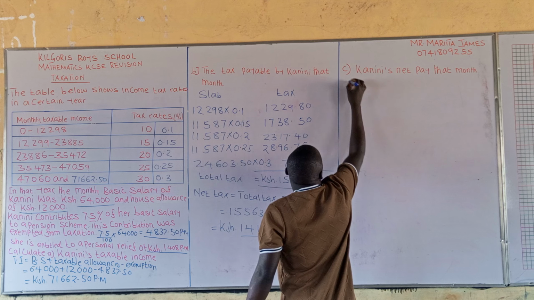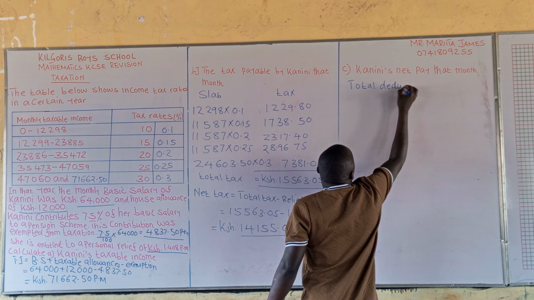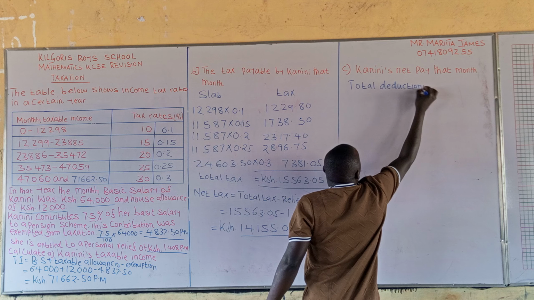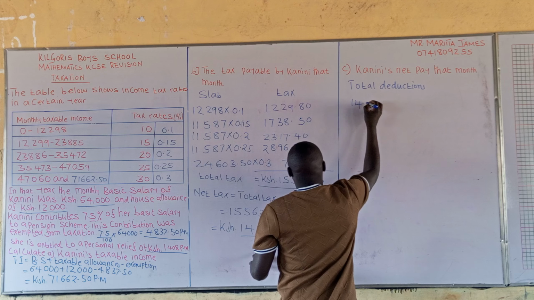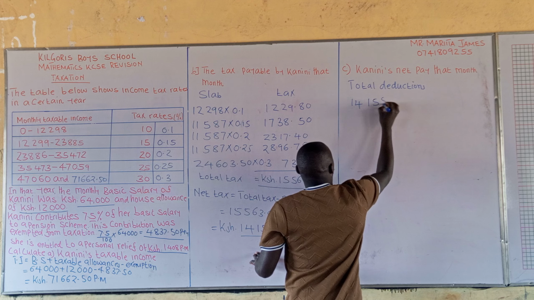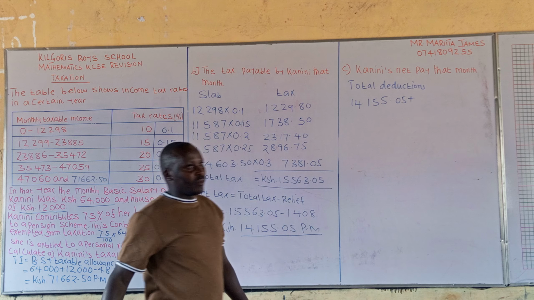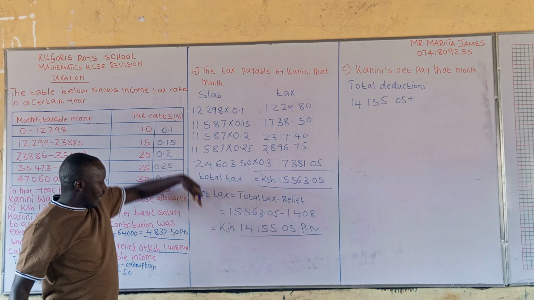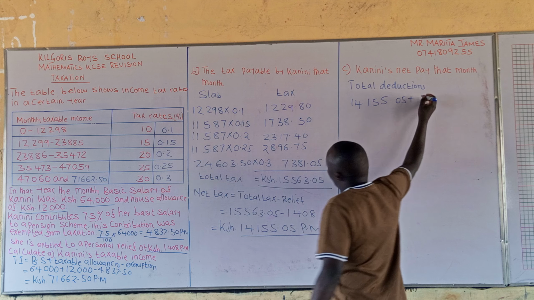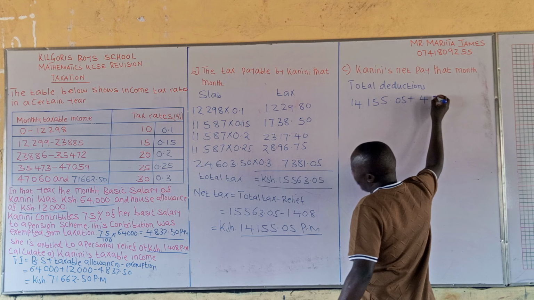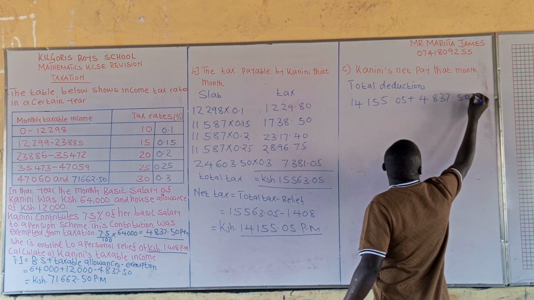So we need to get the total deduction. Our total deductions will be equivalent to this tax which is 14,155 and 0.5 plus another, this 7.5%, plus 4,837 and 50 cents per month.